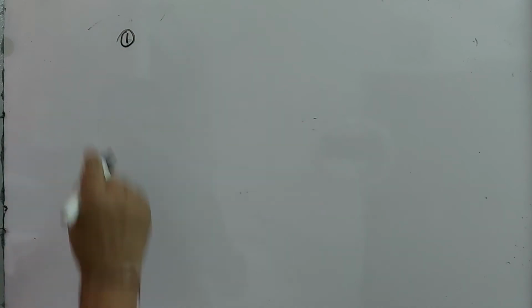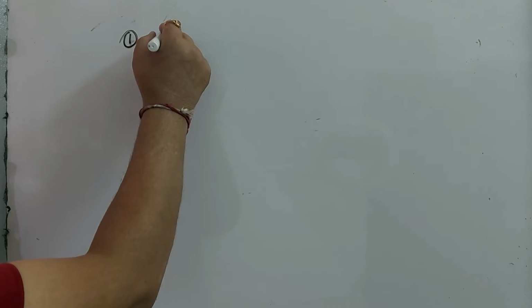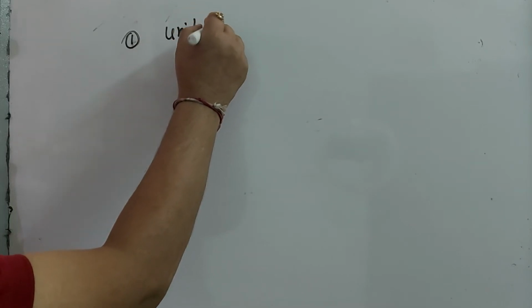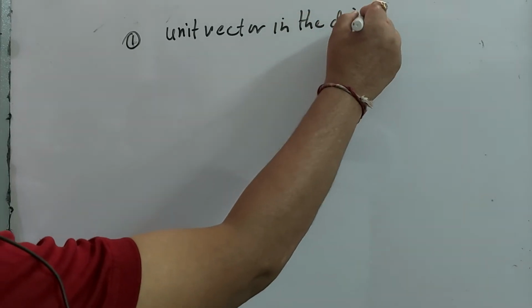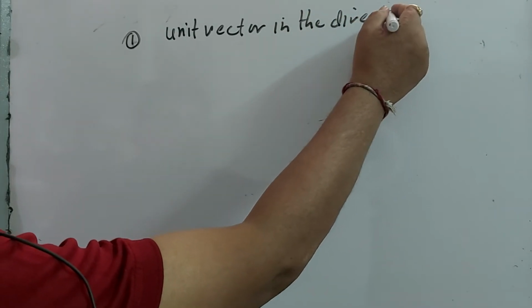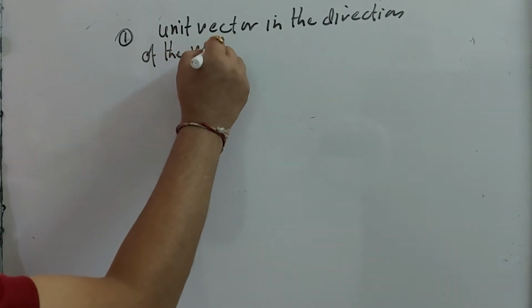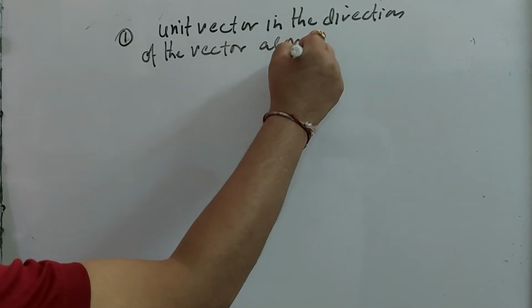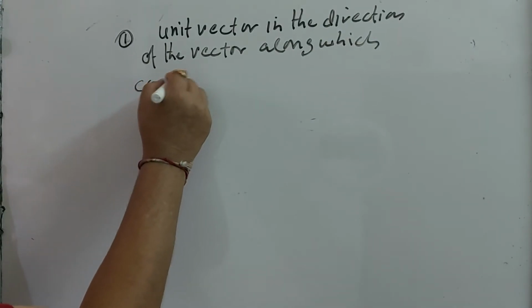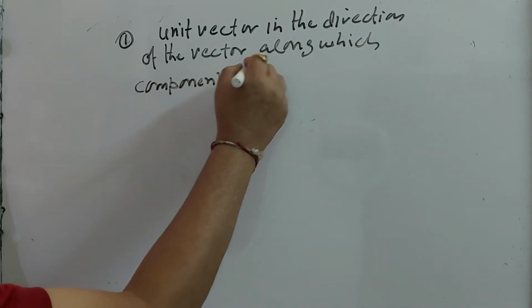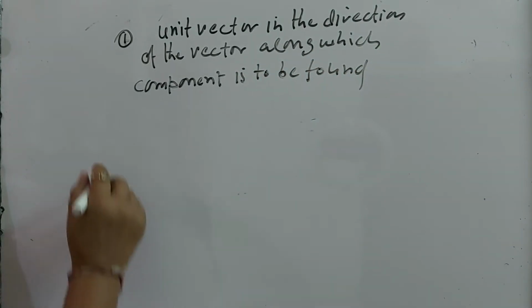First step, you first find out the unit vector in the direction of the vector along which the component is to be found. This is the first step.